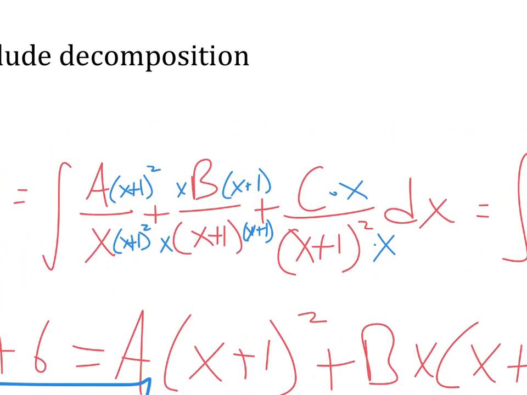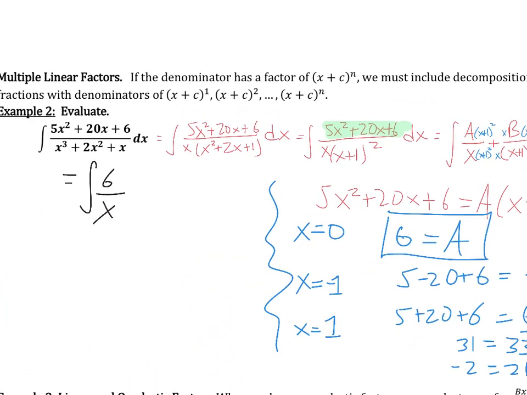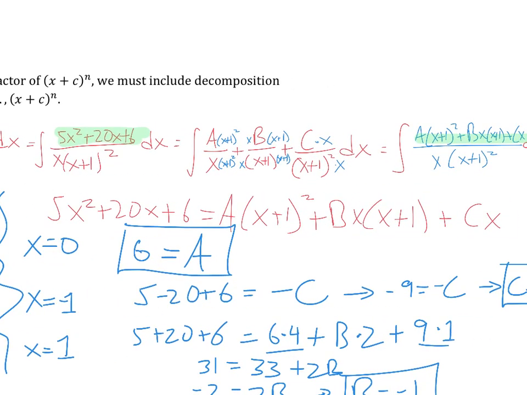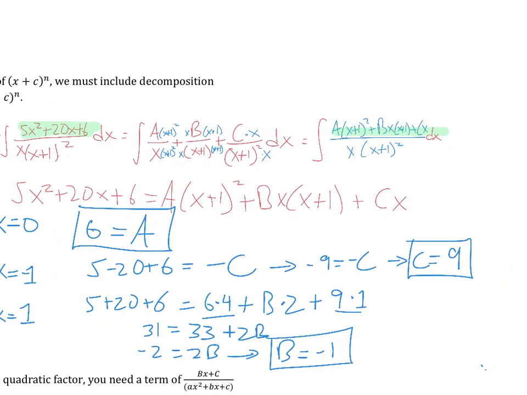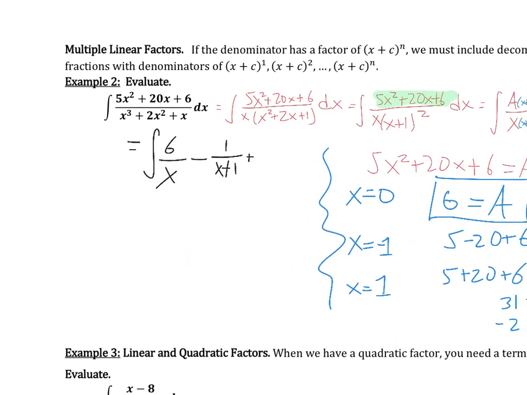So we're going to have -1 over x plus 1. So minus 1 over x plus 1. And then c was 9. So we're going to have 9, plug this 9 in for c, 9 over (x plus 1) squared dx.